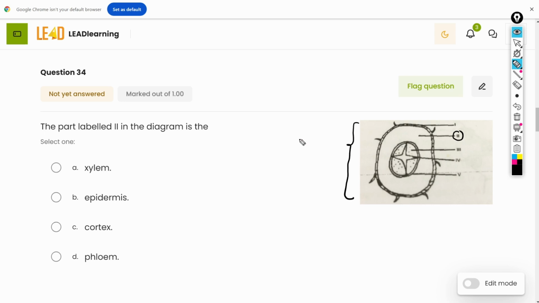This is the transverse section, or what you may call the cross section, of a dicot root. This outermost layer here is the piliferous layer, and then the second layer here is the cortex.